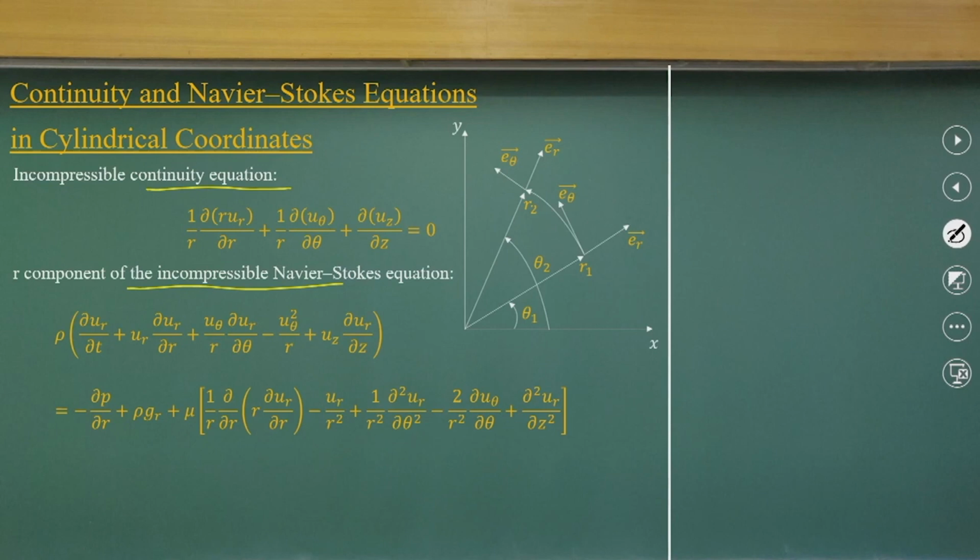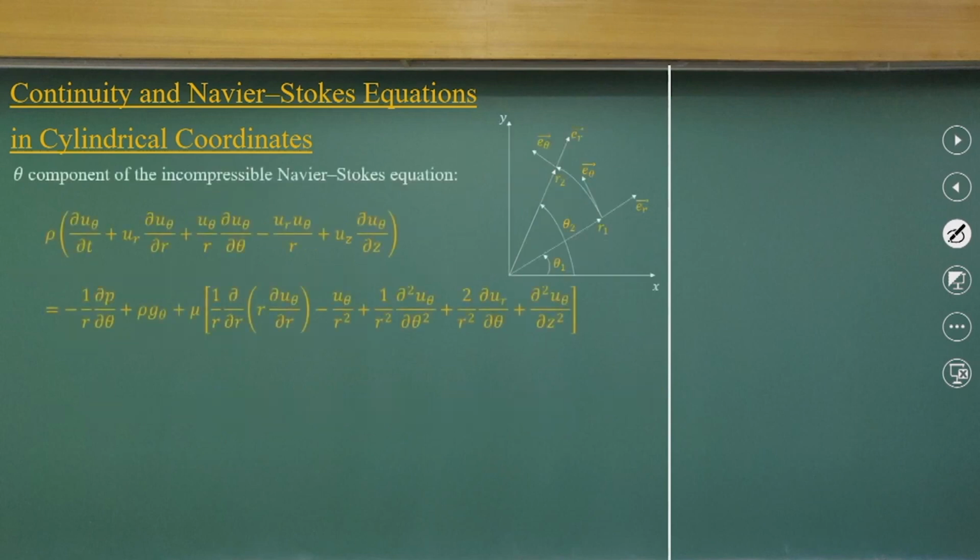As you know, in cylindrical coordinates we have r, theta, and z. So these equations are there. They look complicated, no doubt about that. But please look at these equations, which are also the same vectorial form that we discussed for the Cartesian coordinate system.